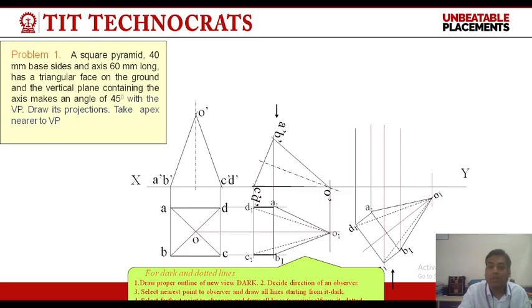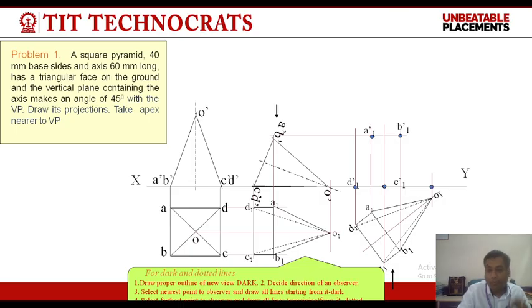And finally, this is the projector from apex point O1. Now, from the third step, that is the front view, we will draw horizontal projectors to cut the previously drawn projectors, and we will mark the points by the point of intersection of A1, B1, C1 and D1, like this.